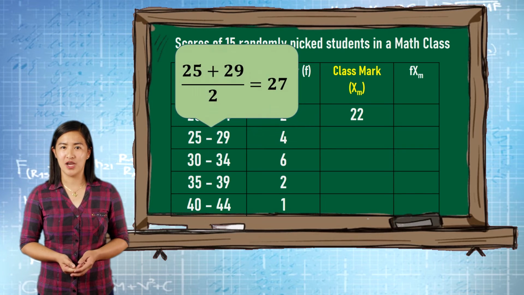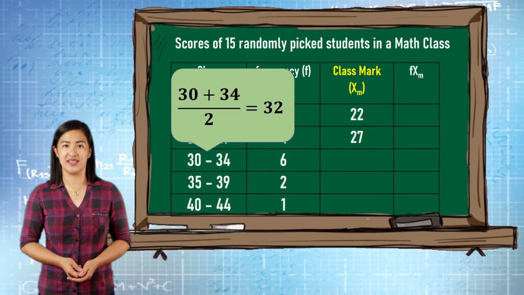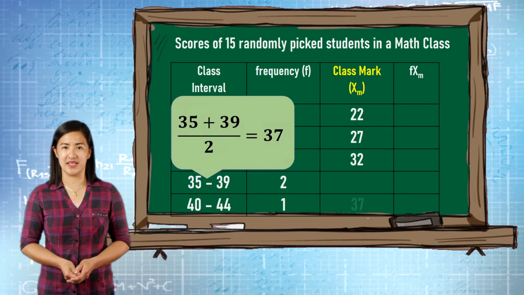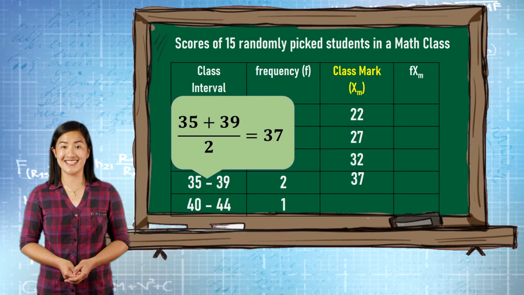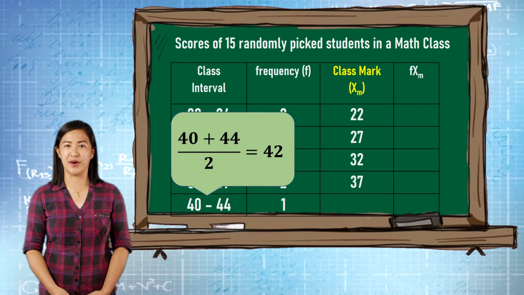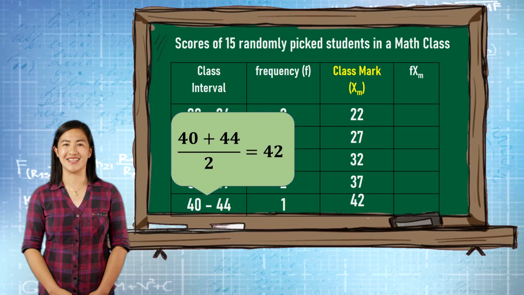So, we have 25 plus 29 divided by 2 equals 27. 30 plus 34 divided by 2 equals 32. 35 plus 39 divided by 2 equals 37. And 40 plus 44 divided by 2 equals 42. Again, to solve for x sub m, we get the mean of the class intervals.